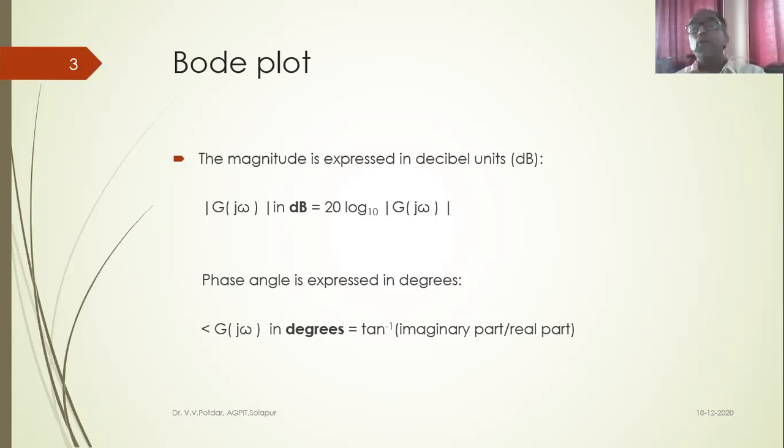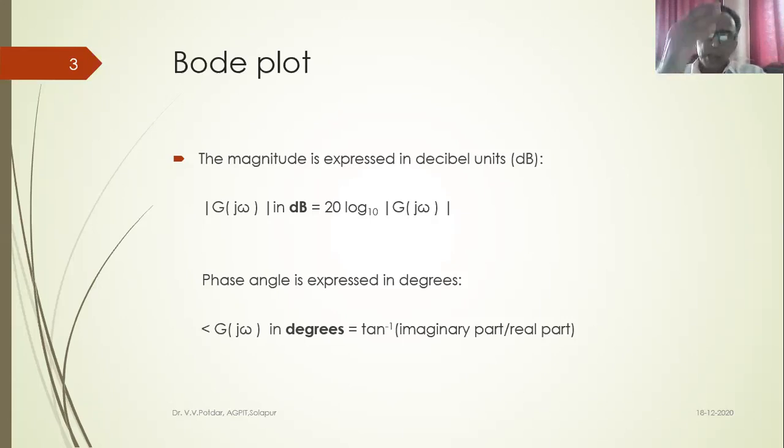Now this is how, from my transfer function, I need to find the magnitude in decibels and the phase angle in degrees, and then plot two graphs: one of magnitude versus omega or log of omega, and a second of phase angle in degrees versus log of omega or omega on the x-axis. These two plots together are called Bode plots.